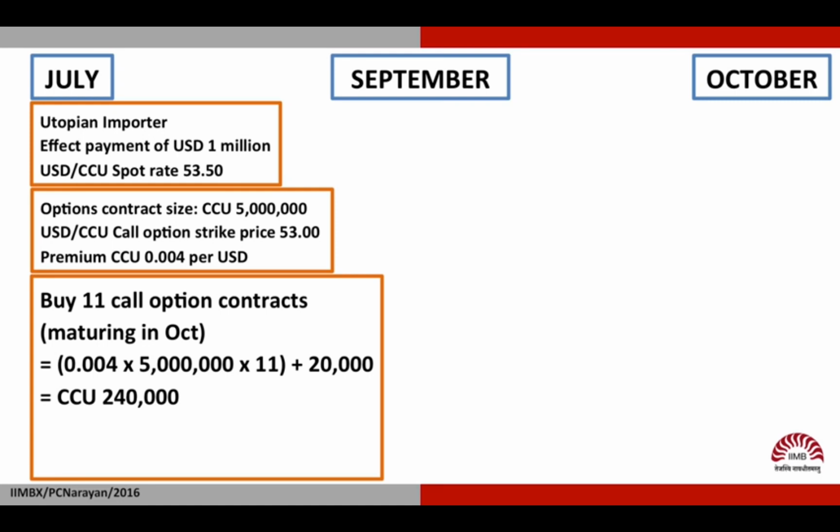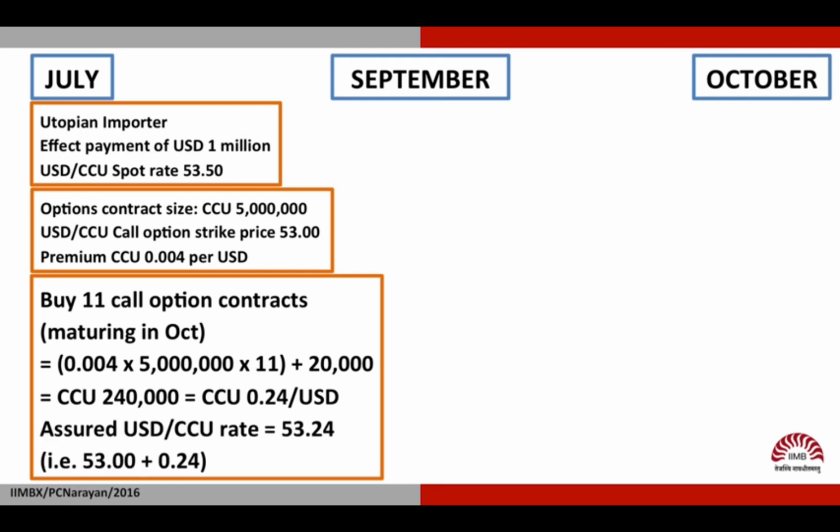Therefore, the premium is CCU 0.24 per US dollar. And as a result, the assured USD CCU rate as per the options contract is 53, which is the strike price of the option, and 0.24, which is the premium that is to be paid per US dollar.